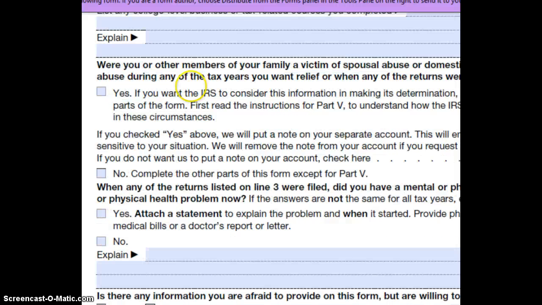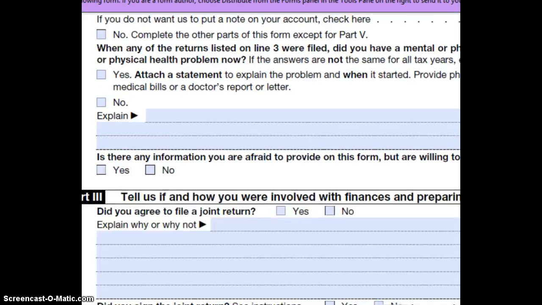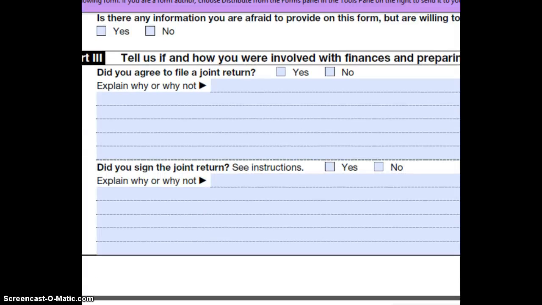Okay. It's also asking you whether or not you were a victim of spousal abuse, and we'll get to that in a minute. Whether or not you agreed to file the joint return. Now again, the IRS is going to make that determination on their own anyway, whether or not you filed the form under duress.